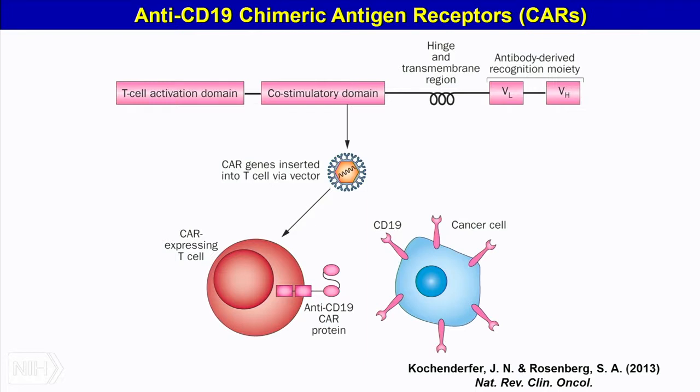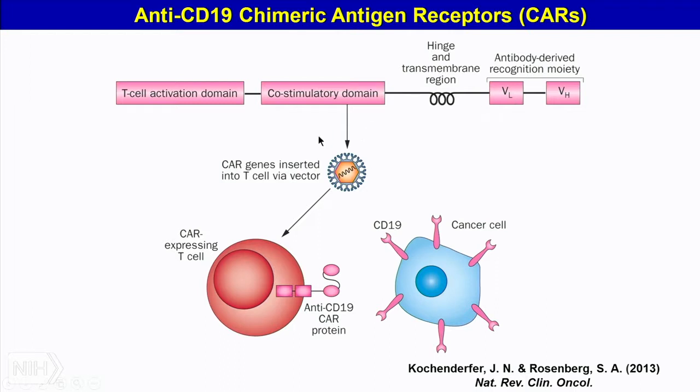After the antigen recognition moiety, we have the hinge and transmembrane domain, which is here. And then there's almost always a co-stimulatory domain, such as CD28 or 4-1BB. And then a T-cell activation domain, which is almost always CD3 zeta.